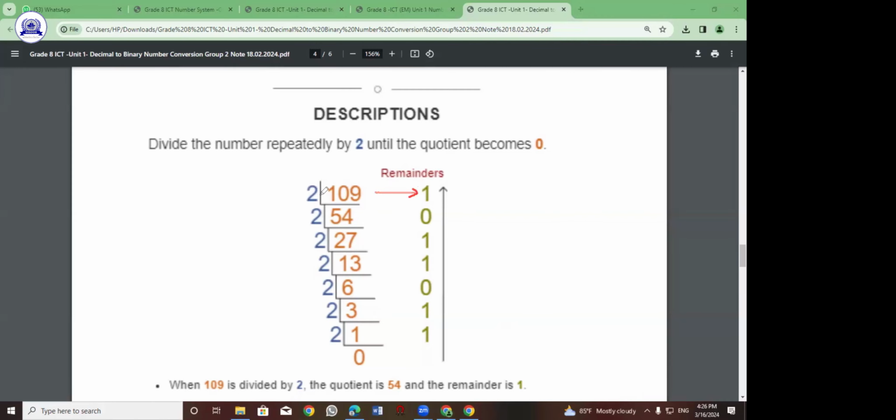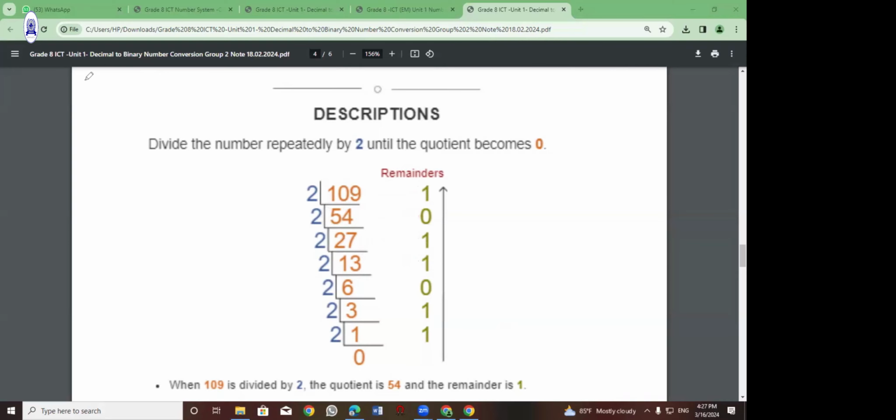Then take the 54. 54 divided by 2, you are getting 27, remaining 0. If you take the 27 divided by 2, it's getting 13, remainder 1. Then if you divide 13 by 2, it's 2 into 6, remaining 1.